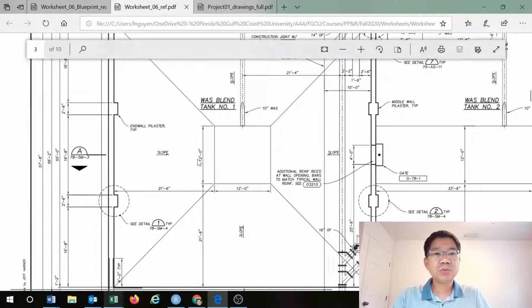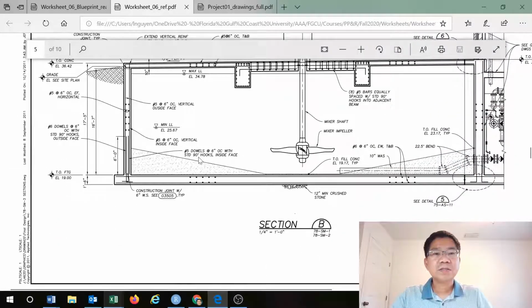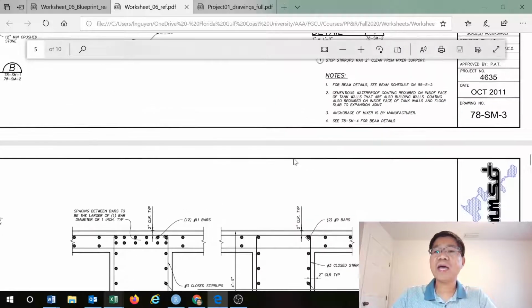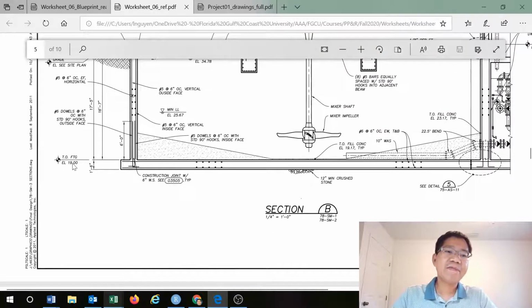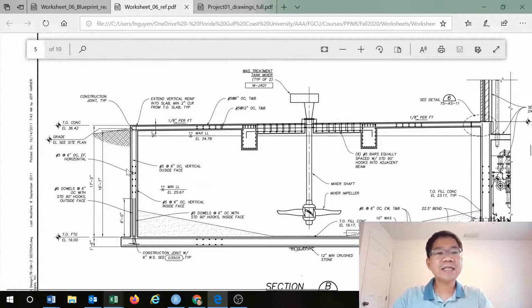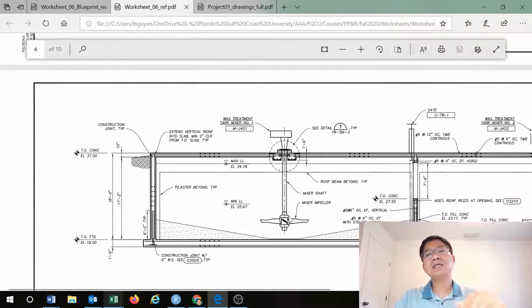If you go to the section B cut that we had in drawing SM3, the elevation is 19, so go down to 19. What is the existing ground level? It's not 36 or 42. That is after the tank is already complete, so you have to see the existing ground level.